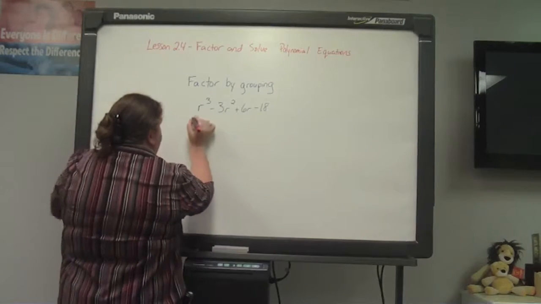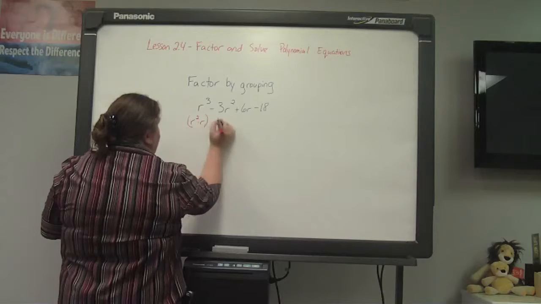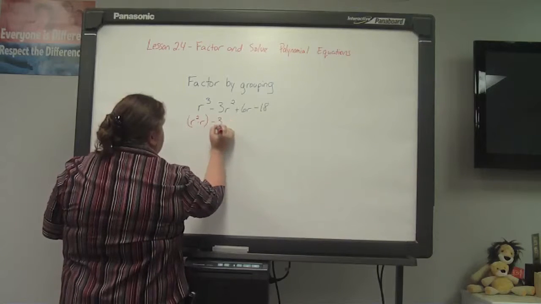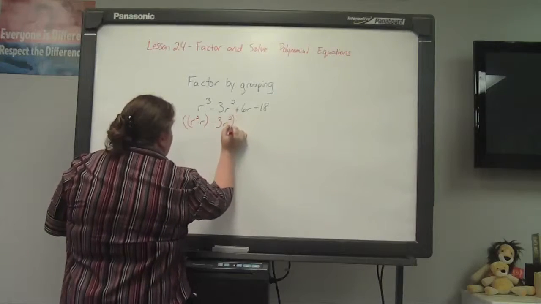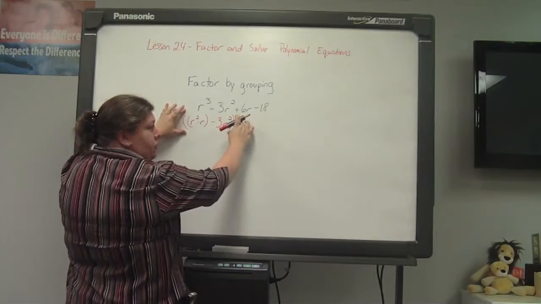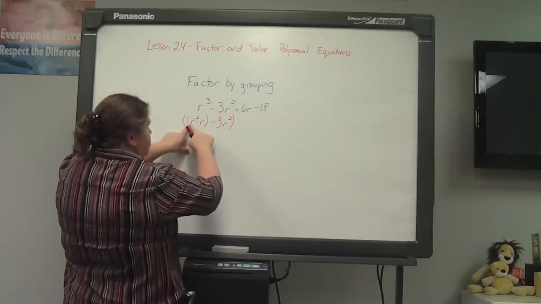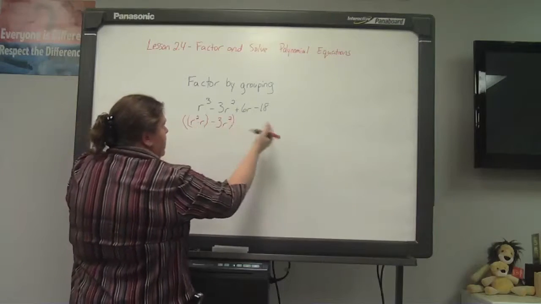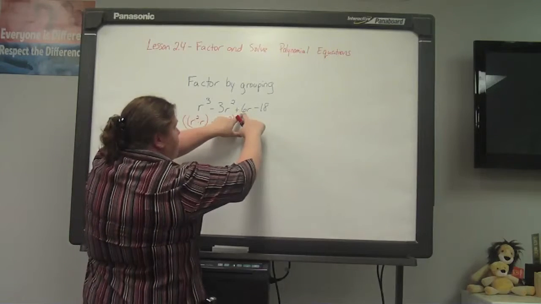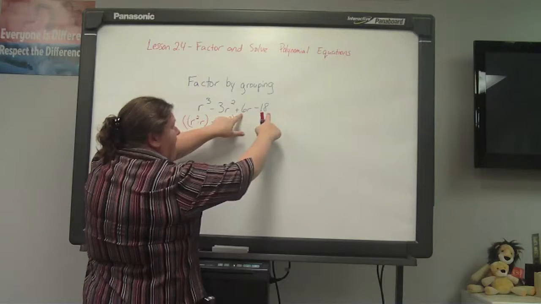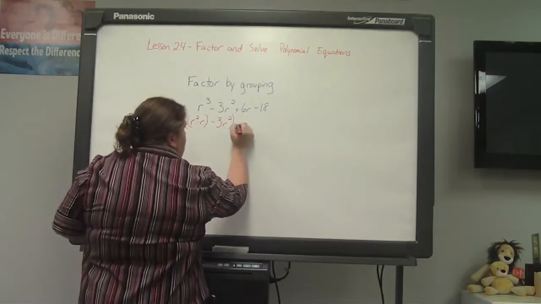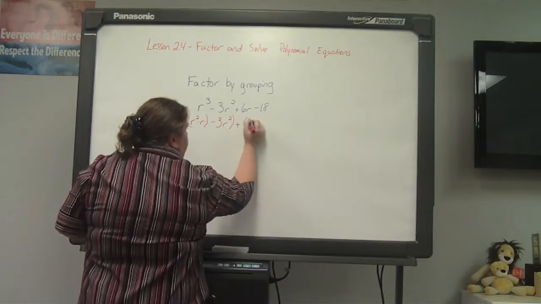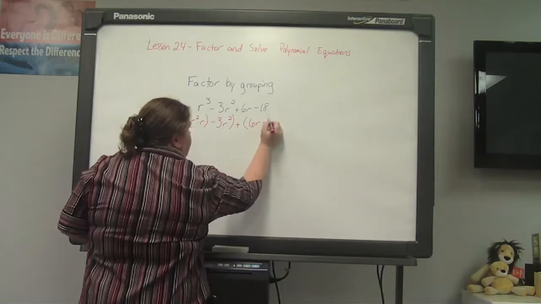So I'll go ahead and rewrite, and now that's my group. You can see the r squared and the r squared. Between 6 and 18, I can take 6 out of 18, so I can group 6r minus 18.